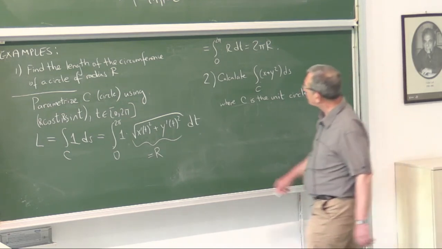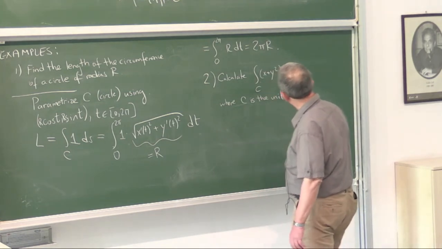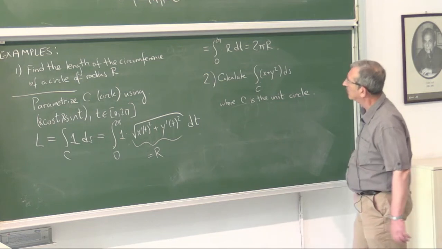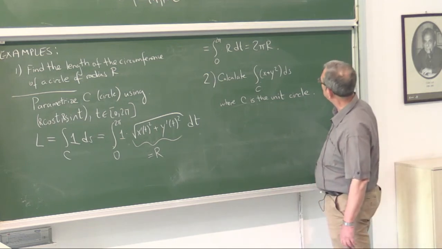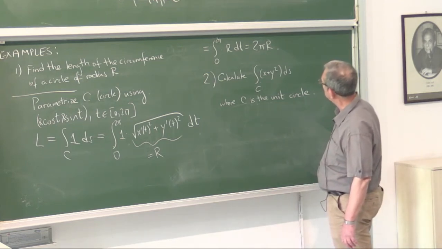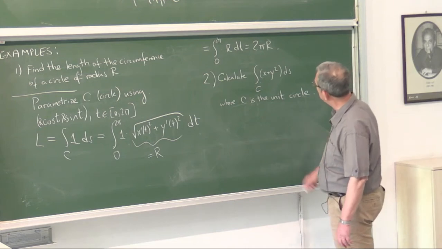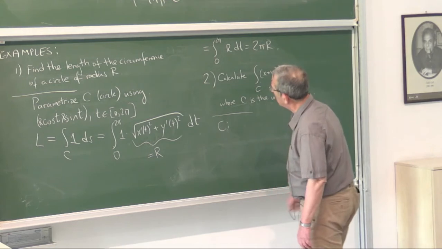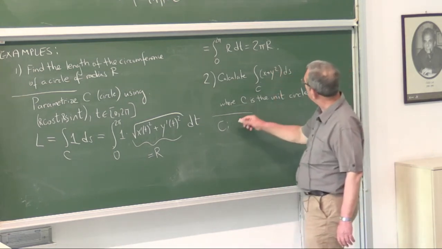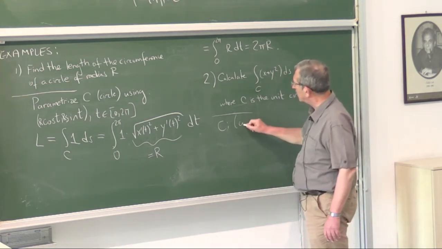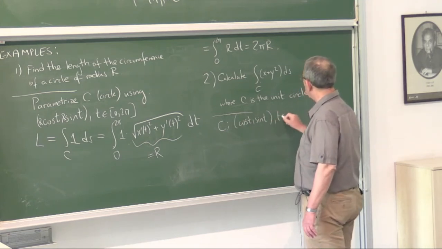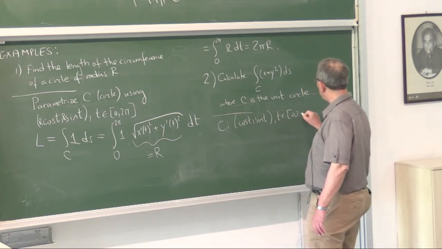So, you can find some parametrization because it's a unit circle, something like cosine t, sine t works, and t is from 0 to 2 pi.